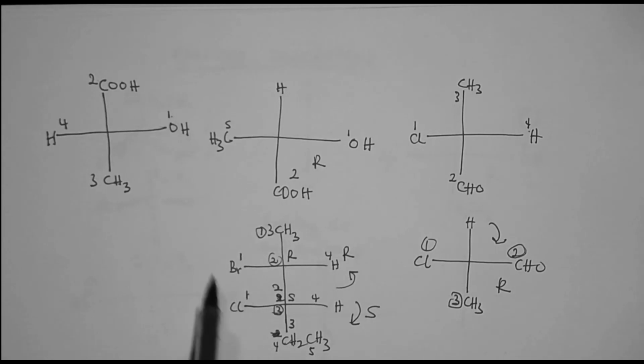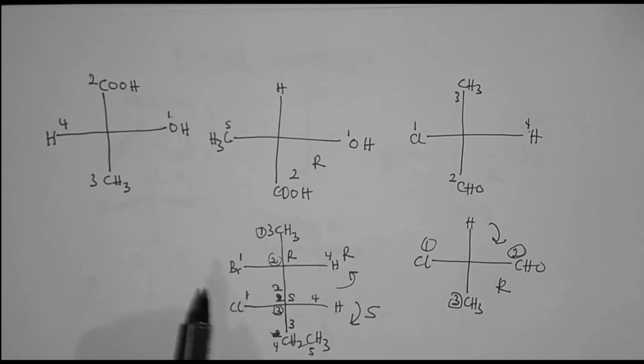On carbon number 2 we have a bromo group, and then on carbon number 3 we also have a chlorine group. In terms of alphabet, B comes before C.